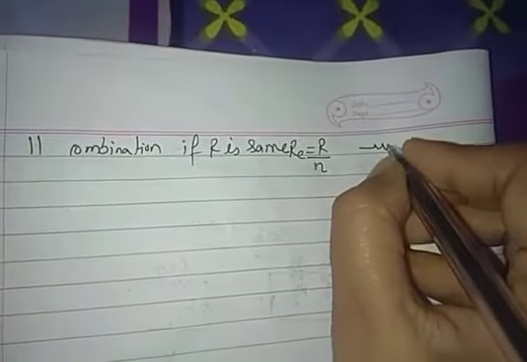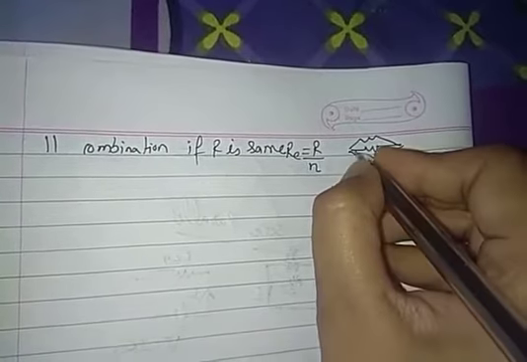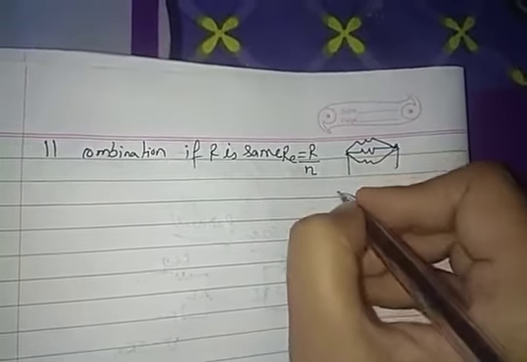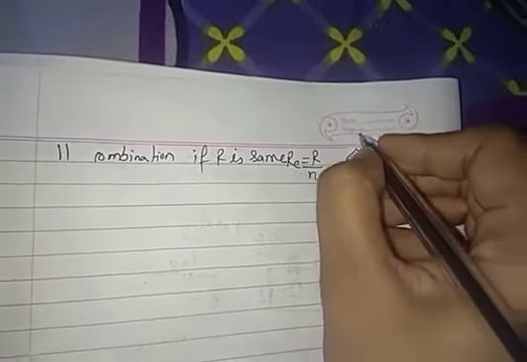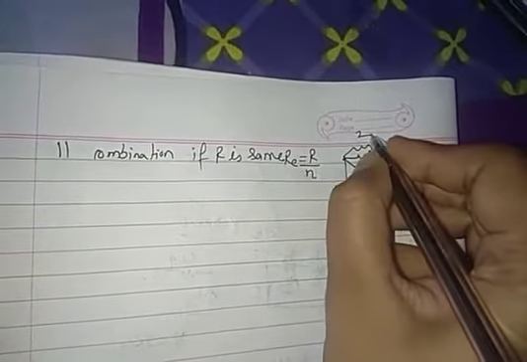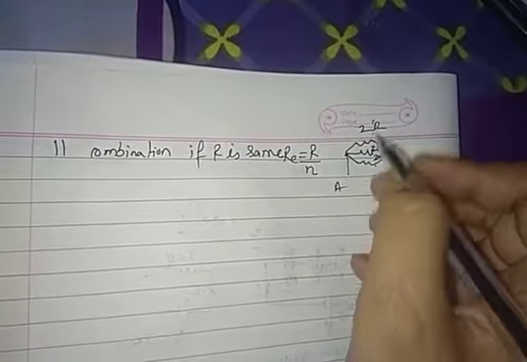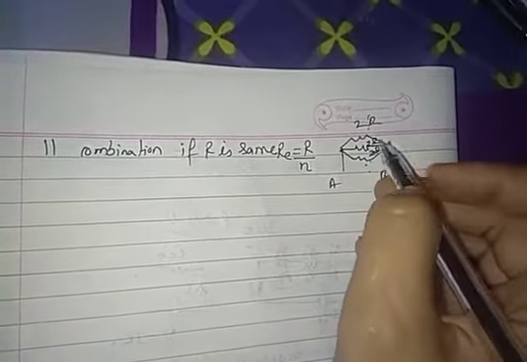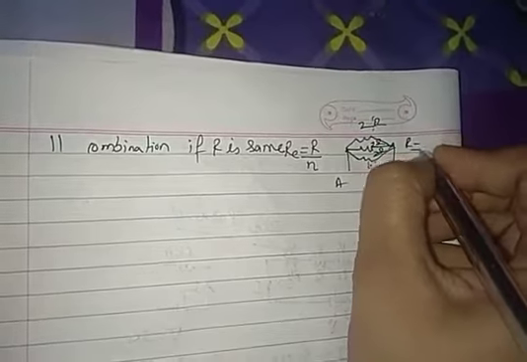So let us see. Here I am joining 3 resistances, and these are points A and B. I need to find the total resistance, where the values are 2 ohm, 2 ohm, 2 ohm. So now you can see the values of all the 3 resistances are the same. Yes. So what can we write?